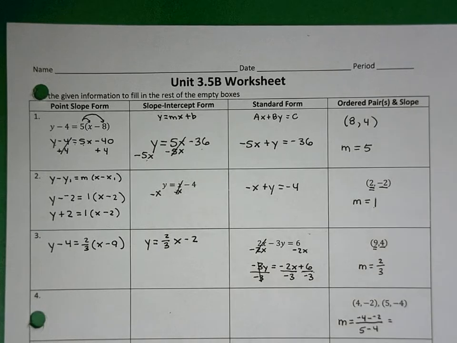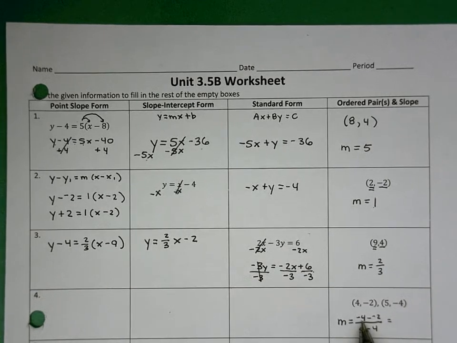Okay. And to find that slope, it doesn't matter for your y's which one you subtract first. You could do -2 minus -4 or -4 minus -2. Doesn't matter. But whichever one you choose to use first, in this case I chose to use -4 first, make sure you use its x first as well.